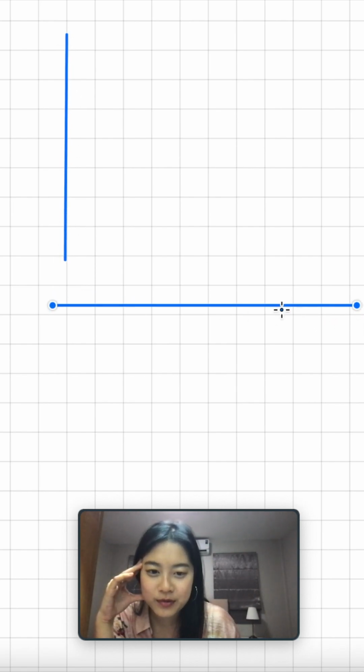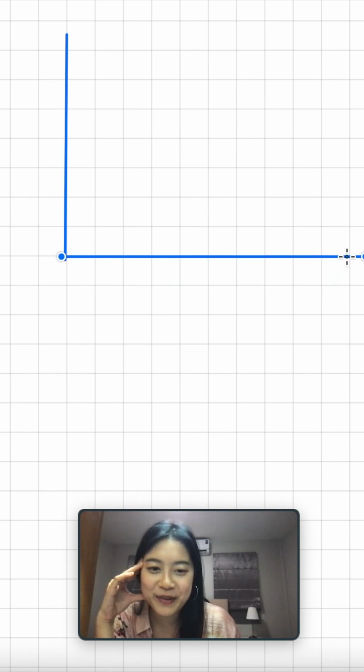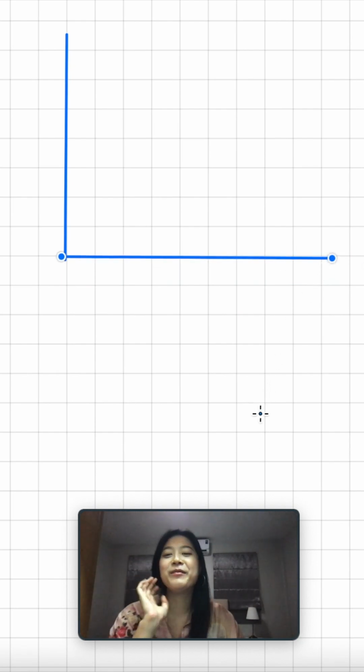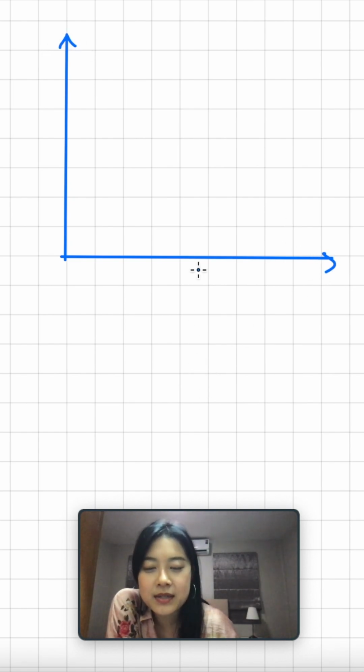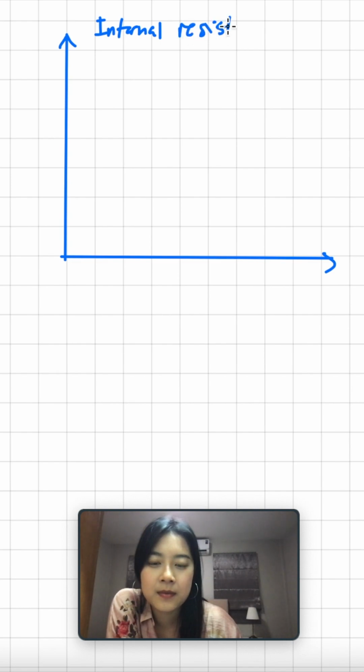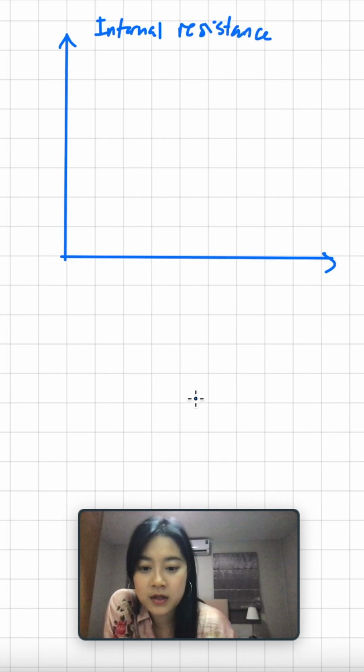Okay, so I'm drawing a graph right now. Actually, maybe I shouldn't be drawing a graph right now, but I'll just draw the axes here for now. Anyways, if you are already in year 13 and you have already learned this, there's a topic called internal resistance, or subtopic really, which is part of the electricity topic.